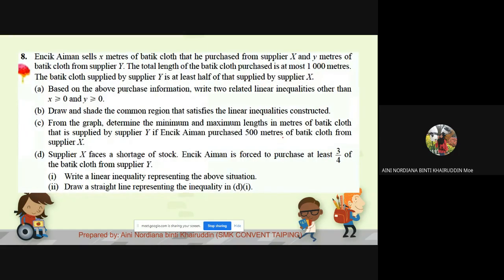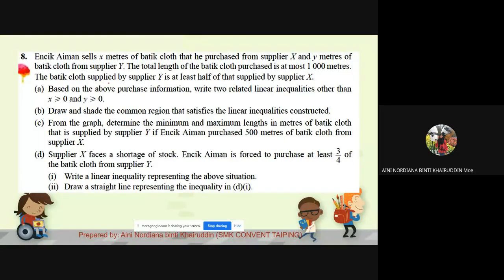Okay, next question number 8. Encik Aiman sells batik cloth and he purchased X meters from supplier X and Y meters from supplier Y. The total length of batik cloth purchased is at most 1,000 meters.